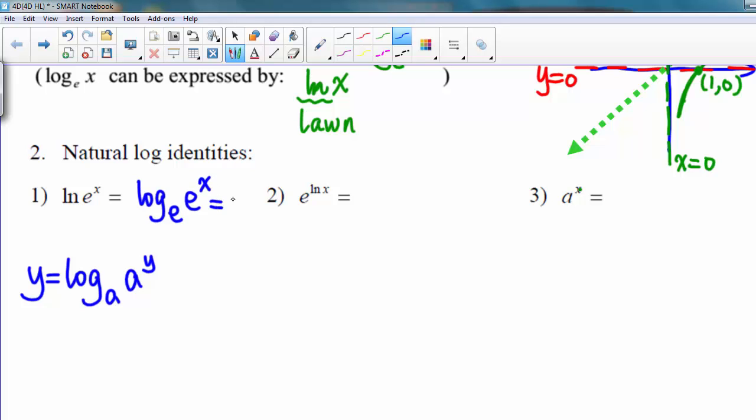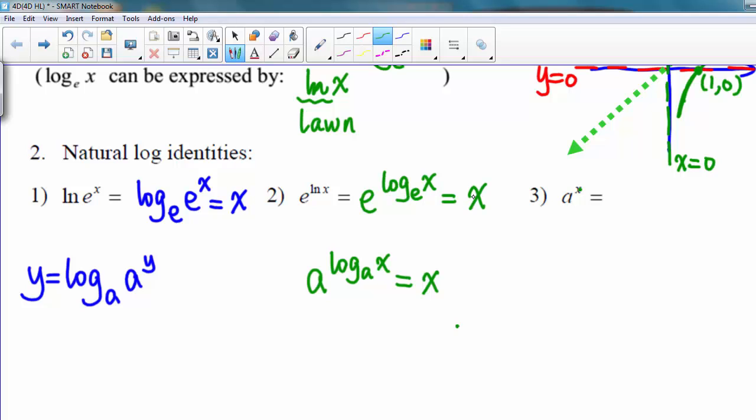And we know this value is just x. Also, a to the power of log base a of x is x. So here e to the power of ln x is the same as e to the power of log base e of x. I just change base a to base e. So this one is x.